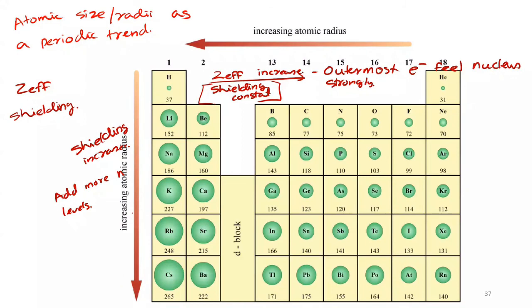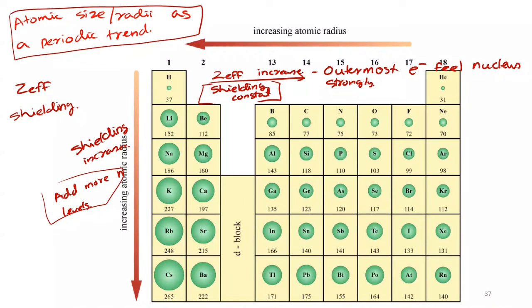But across the period, your size shrinks because effective nuclear charge is increasing. So now you see how this trend of atomic size can be explained by effective nuclear charge and shielding.